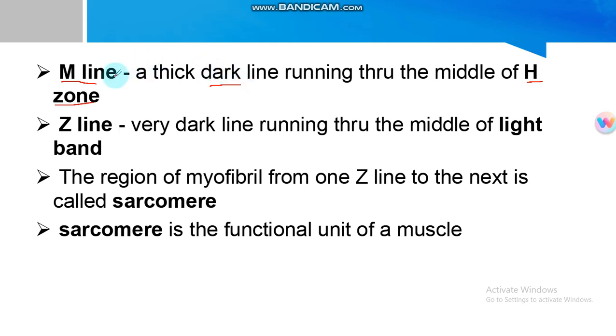We call it the M line. Call it the what? The M line. Then in the middle of the light band, there is a dark line, very dark line, which is called the Z line.